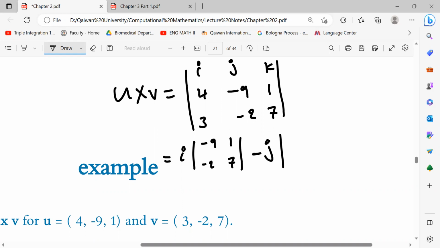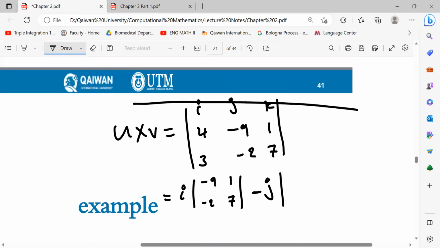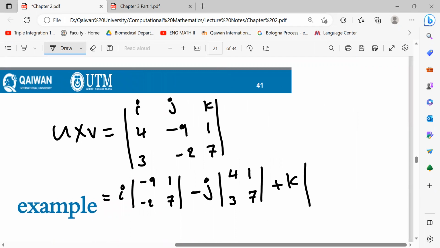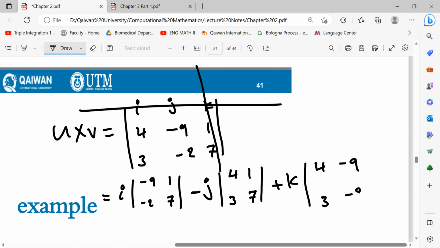If you remove this row and this column, what's left is 4, 1, 3, 7. Then we have plus k. Be careful, only the coefficient of j is negative; i and k are positive. For k, we remove row 1 and column 3. So what's left is 4, negative 9, 3, negative 2.